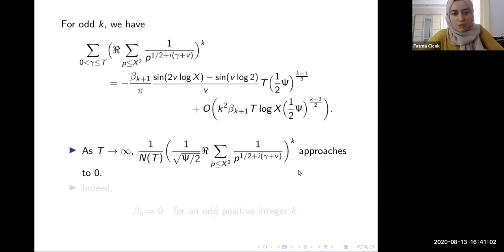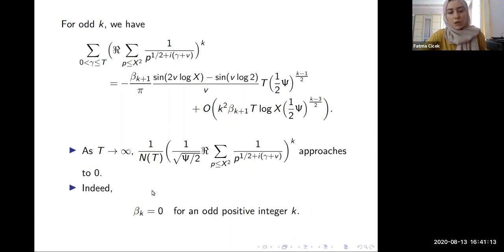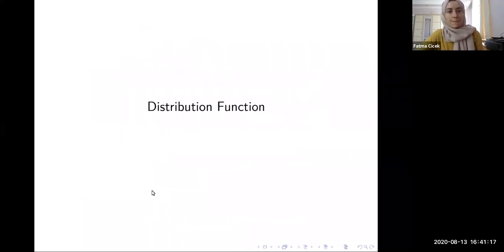And this actually is consistent with the odd moment of a Gaussian distribution. So asymptotically, when t tends to infinity, the moments match the moments of a Gaussian distribution, the integral moments. Okay, so these were all for the moments of the real part of the Dirichlet polynomial.